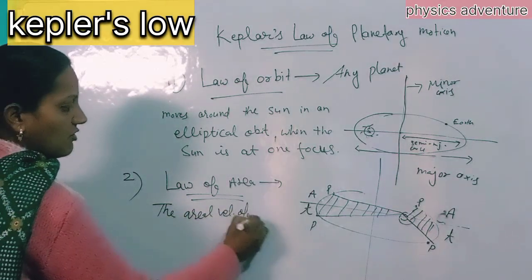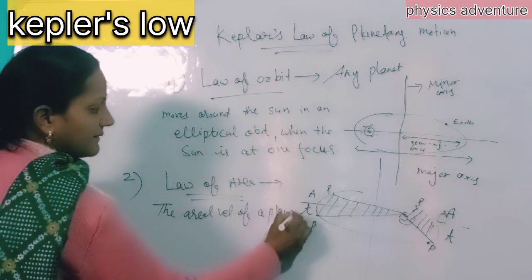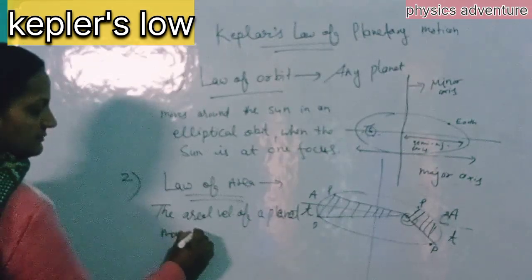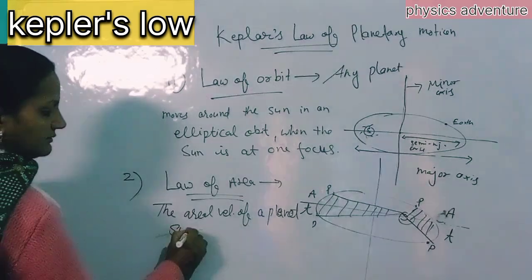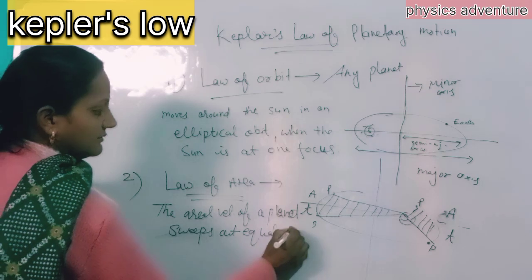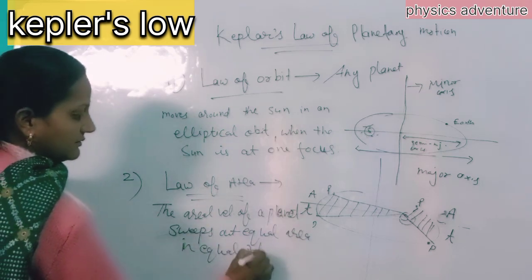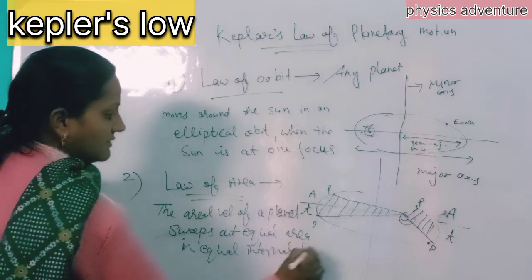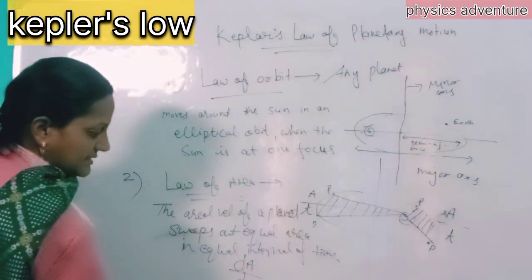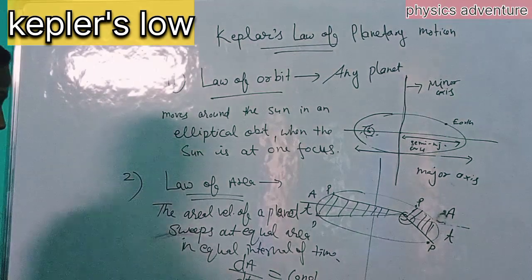The areal velocity of a planet sweeps out equal area in equal intervals of time. Change in area over change in time is equal to a constant. This is called the law of area.